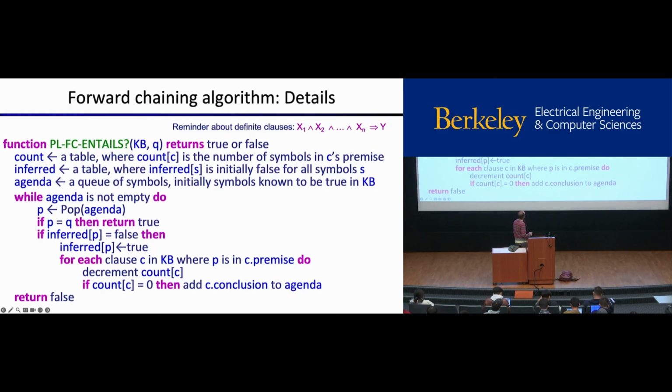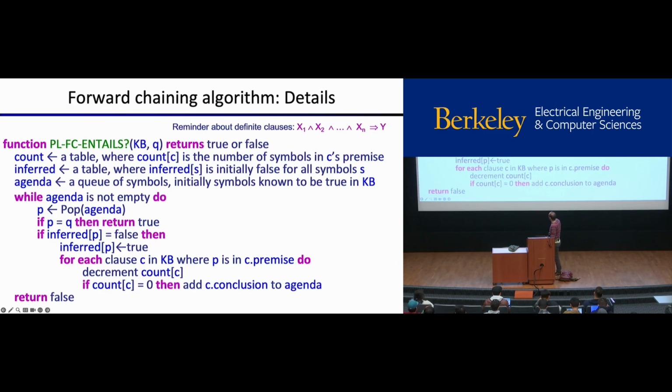So basically, this clause, our program knows 6 different things are going to need to be satisfied before we can spit out Y. And as soon as we've inferred one of these things, now only 5 things need to be inferred before we can spit out the conclusion. So if the count has gone down to 0, then we add the conclusion to the agenda. So now you can see things are added to the agenda when we have inferred them.